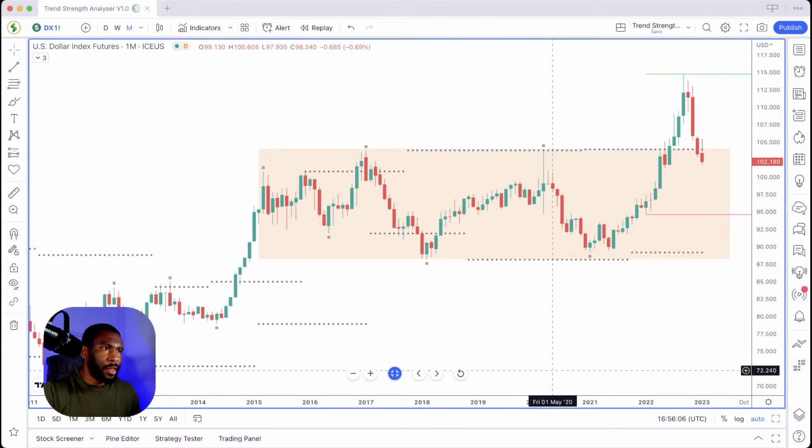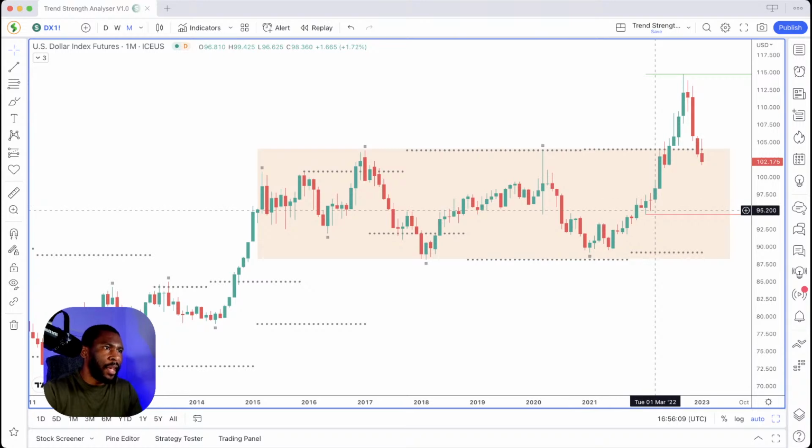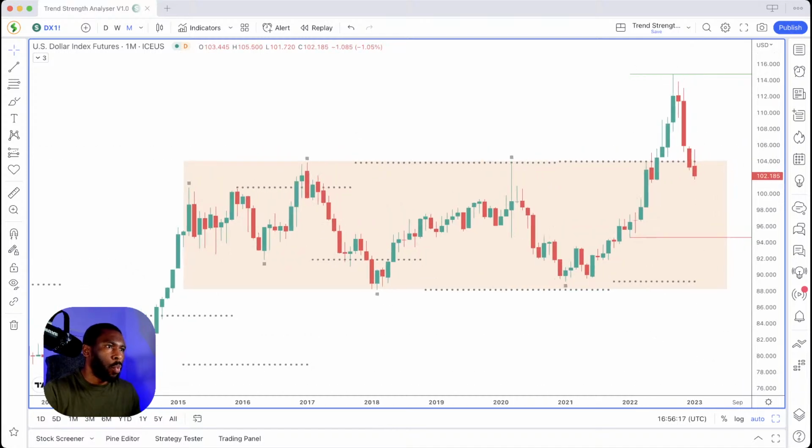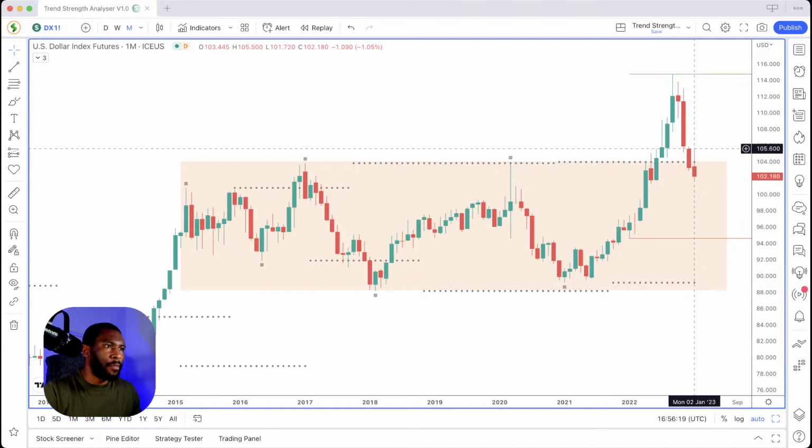I've enlarged this now. And what we can see here is that the candle for January is looking bearish. So a bearish body along with a wick above the candle. So there was some strength at the start of the month, but then the sellers pushed price back down below this support level.